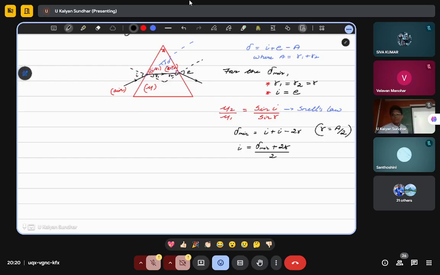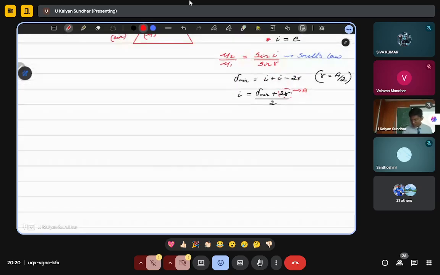Am I right, sir? Now 2R is nothing but your angle of prism. So ultimately your I will be equal to (D minimum plus A) divided by 2.